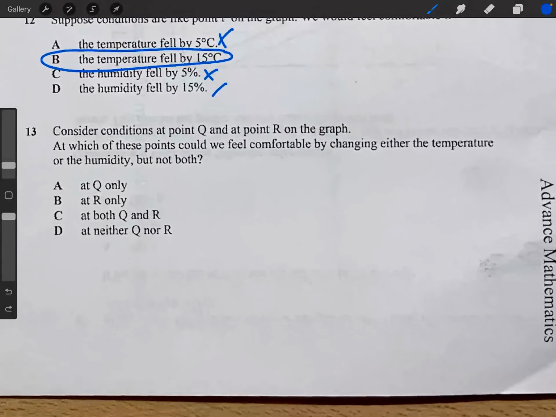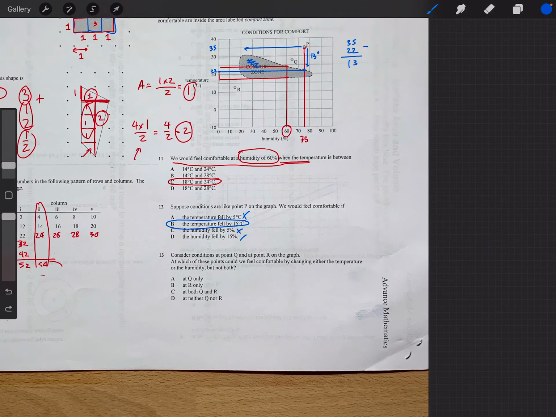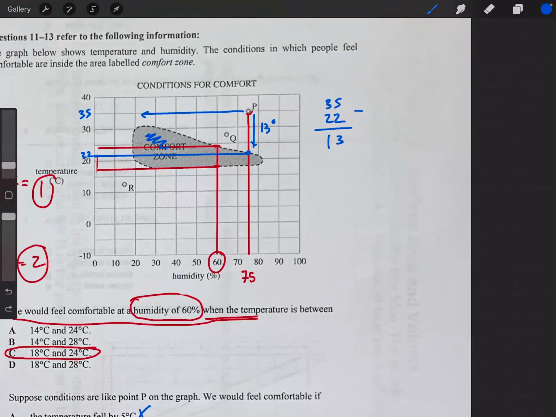Next one, consider conditions at point Q and at point R on the graph. At which of these points could we feel comfortable by changing either temperature or humidity, but not both? So let's have a look. Point Q and point R. Let me just run this out.